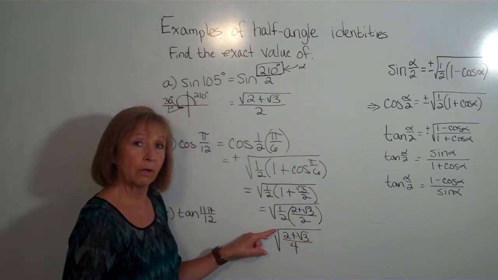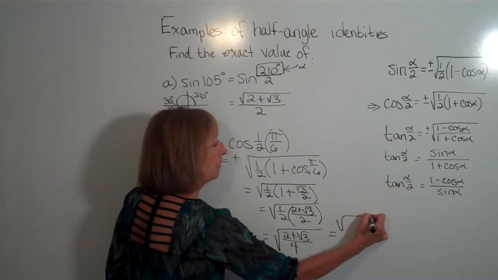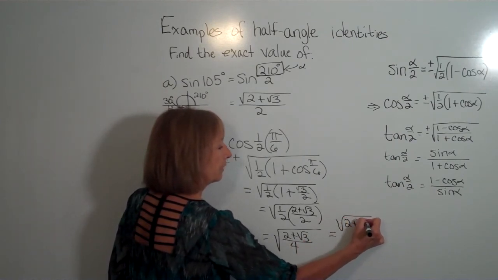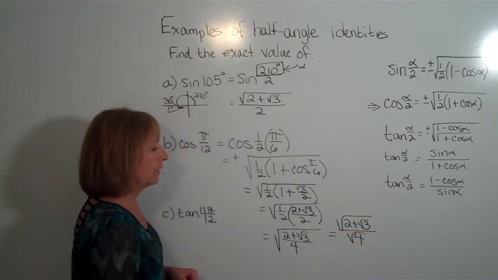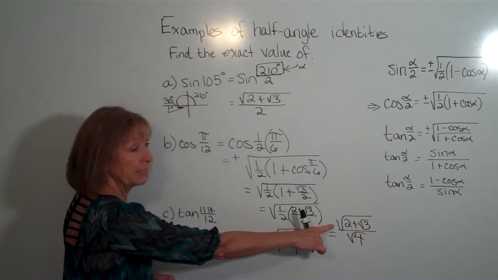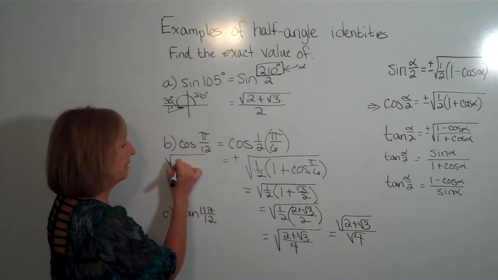And then when I take the square root of the top and the square root of the bottom, that gives me the square root of 2 plus the square root of 3 all over the square root of 4. Now the square root of 2 plus the square root of 3 doesn't simplify anymore. So I will just go ahead and write that up here.